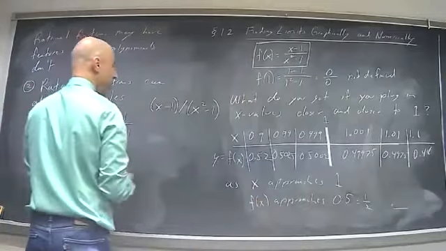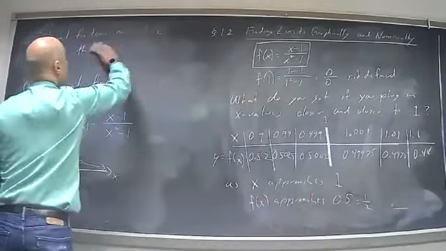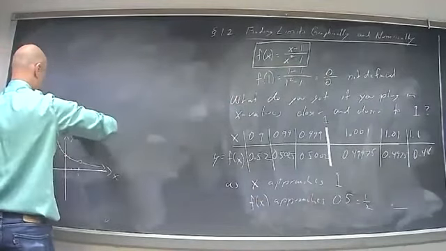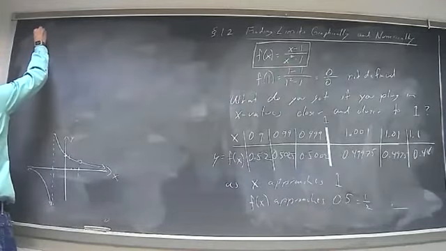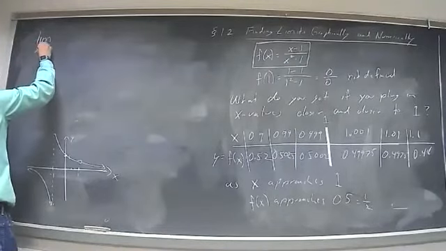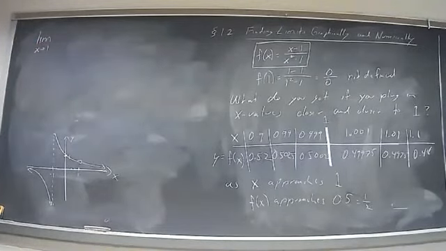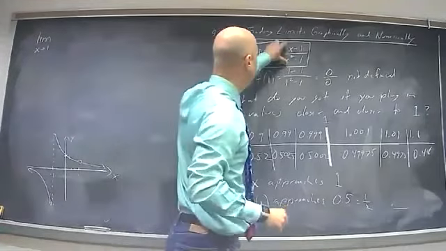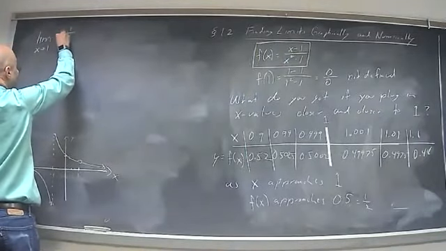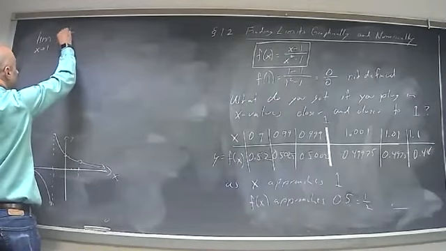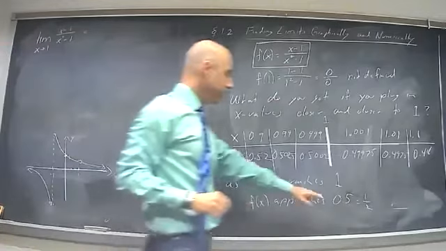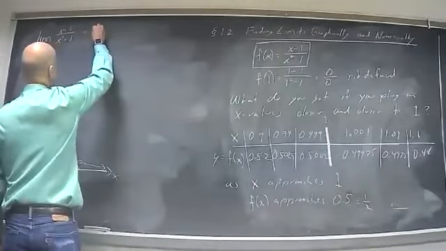So let me introduce a notation. We write LIM for limit. The limit as x approaches 1 of this expression, x minus 1 over x squared minus 1, is equal to 0.5 or 1/2, however you want to write it.